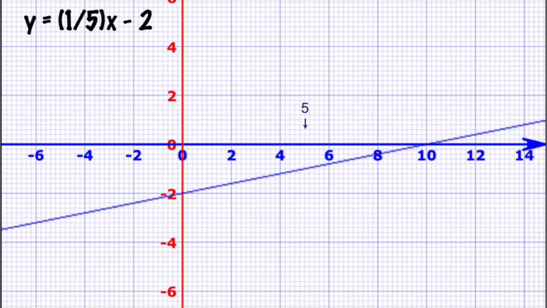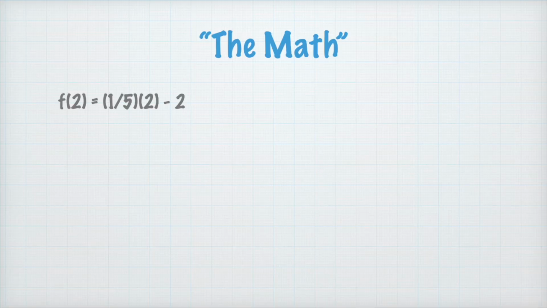If delta were 3, then our x values that are within 3 units of our c value 5 would be between 2 and 8. Then what would our function values be? Well, let's work it out. We plug 2 into the function, and the y value would be -1.6.